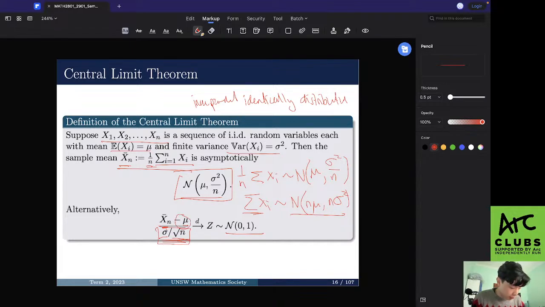If we multiply both sides by sigma on root n, we get X̄n minus mu, which approaches the normal distribution of 0, sigma squared on n. And then we can add mu to both sides, and that gets us a mean of mu, because adding a constant would shift a distribution over to the left or to the right.